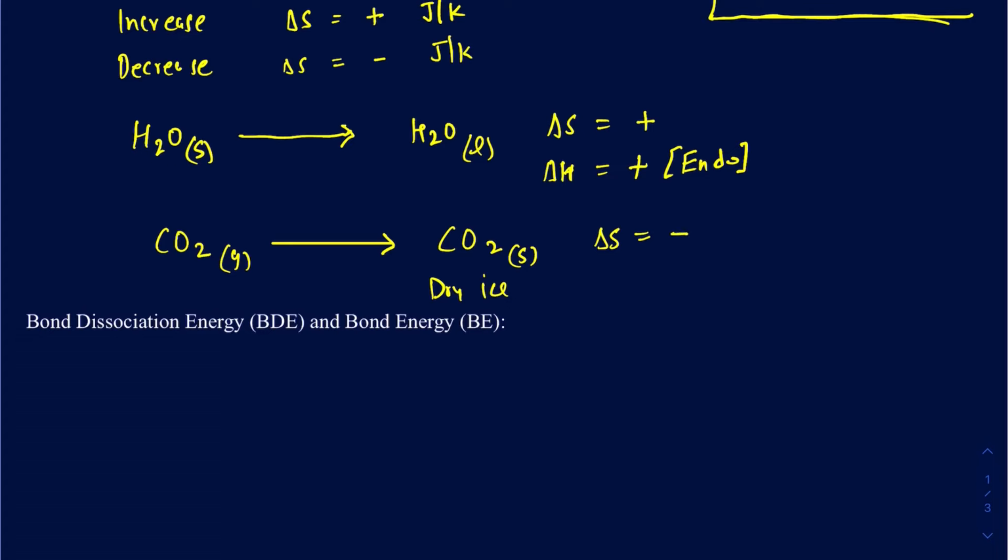What about the delta H? Well, you can actually predict the delta H here because it's going to be an exothermic reaction, because you're going to be making these interactions here. You're not really making the bonds here, but think about this: when the carbon dioxide is a gas, you have individual carbon dioxide molecules on their own.